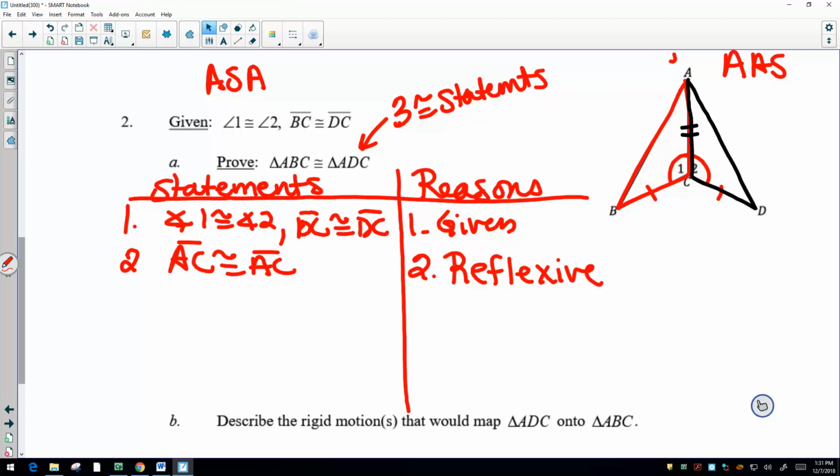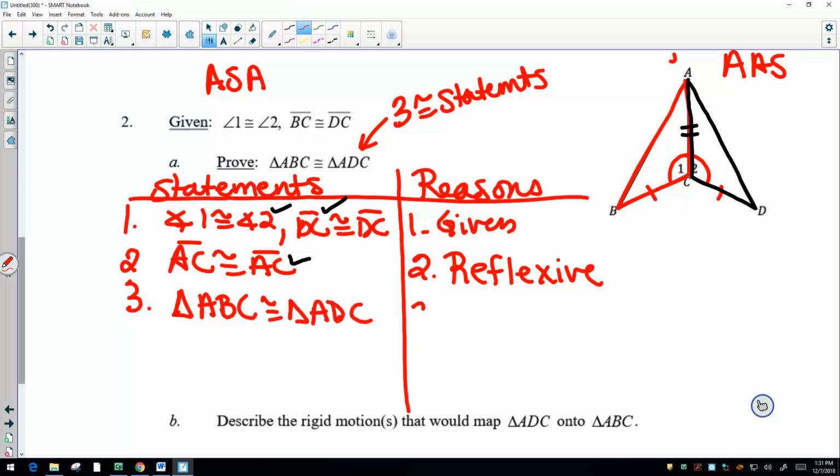And those 3 congruent statements should be the statements saying, I have a side, I have an angle, and I have a side. So if I can say, yep, I got those 3, then we can go on to prove triangles congruent. So I have triangle ABC is congruent to triangle ADC, and our reason here is because side, angle, side.